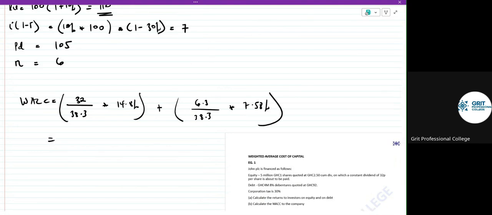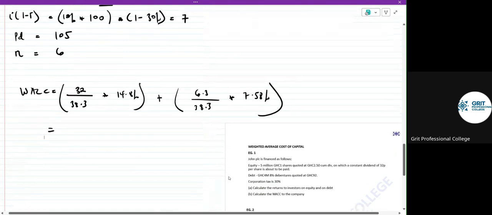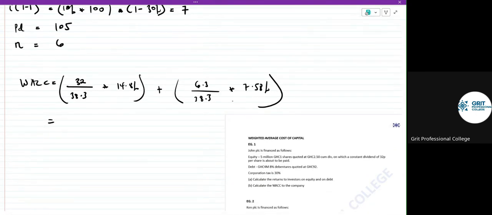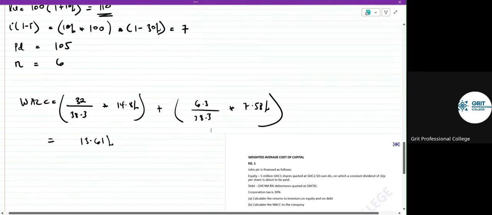That'll give us a WACC of how much? 13.61. 13.61%. All right. So that is basically about that.